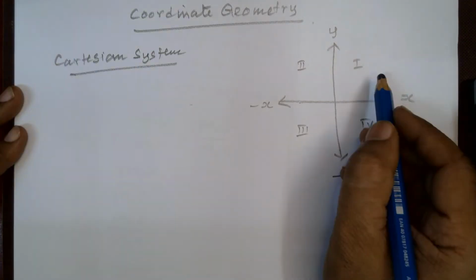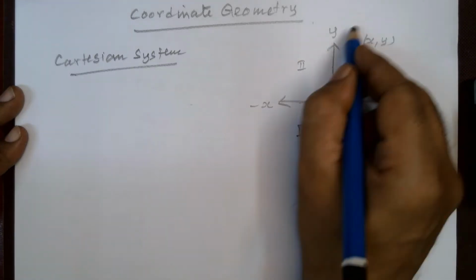That is, you have the x-axis plus, the y-axis point is also plus. That is indicated in the first quadrant as plus plus.